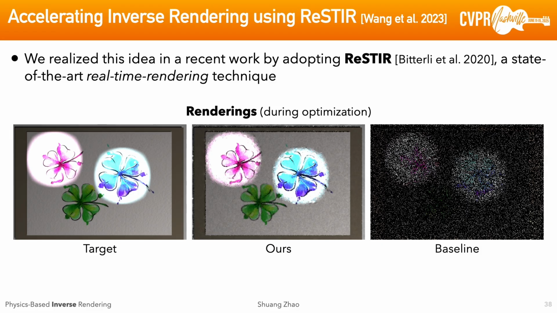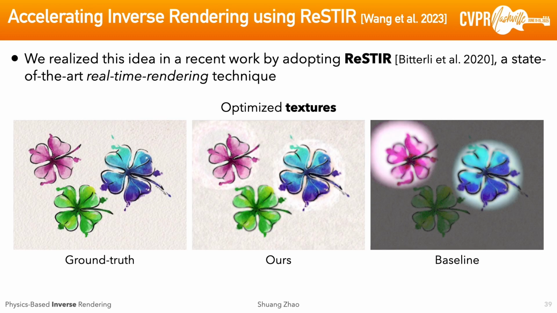Again, we're doing Monte Carlo here. With very low sample count, the baseline is way too noisy to work. However, at the same sample count, if we can reuse samples in a way similar to what people have been doing in real-time rendering, we can get a drastically cleaner result at roughly equal time.